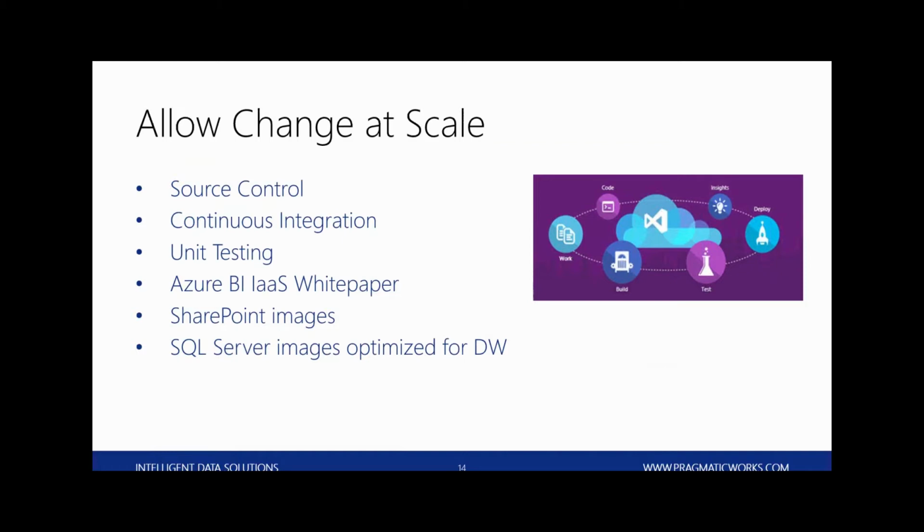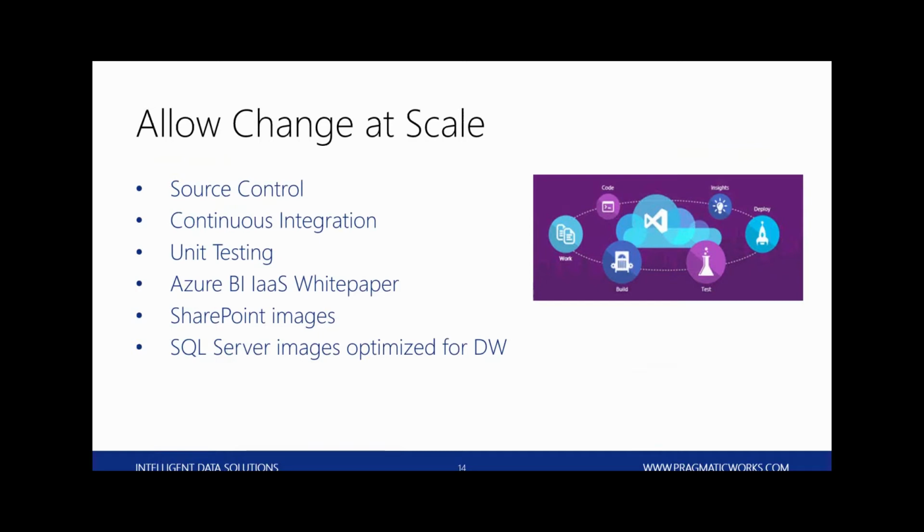There's so many people that I still work with today that don't have source control systems in place for their ETL systems, for their database systems, for their cube layers, for their reporting layers. I urge you to take a look at Team Foundation Server, Visual Studio Online, even some of the open source control systems that are out there, to start to get the various components of your business intelligence system under source control.